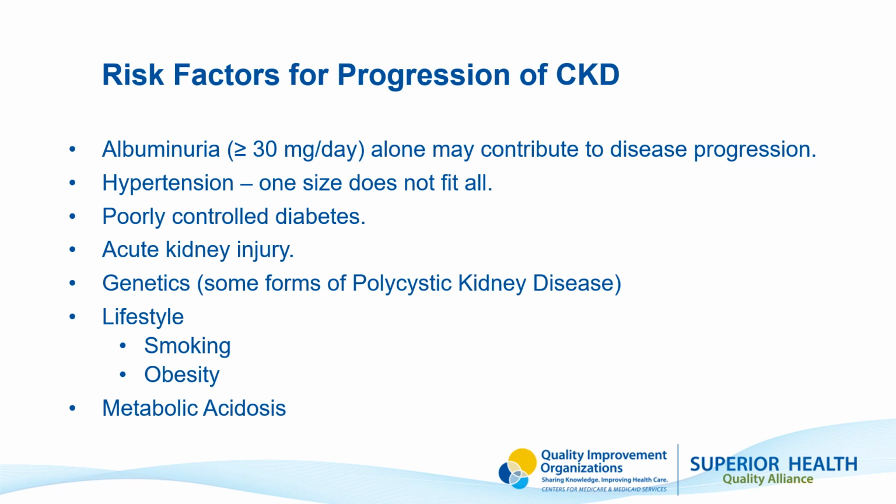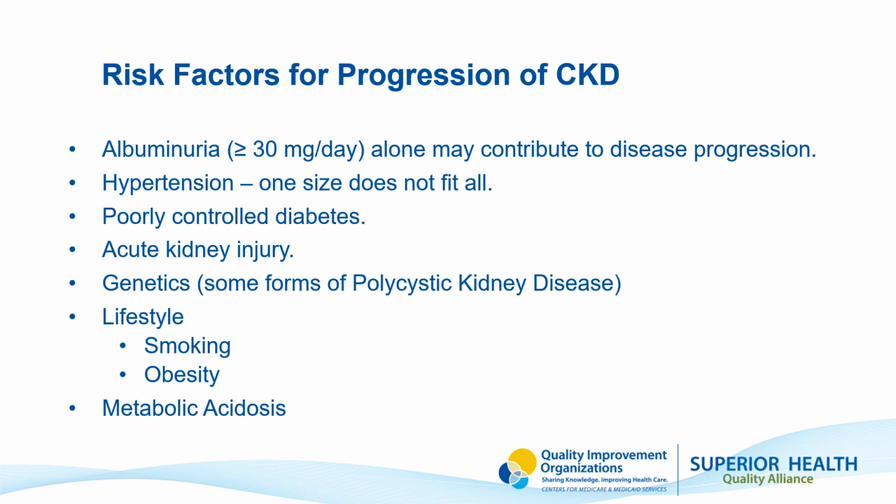So we have to tailor our blood pressure regimen to individuals based on age and overall medical condition. For example, someone may be frail or have a muscle wasting syndrome, so we have to be careful. We also have to watch for poorly controlled diabetes.